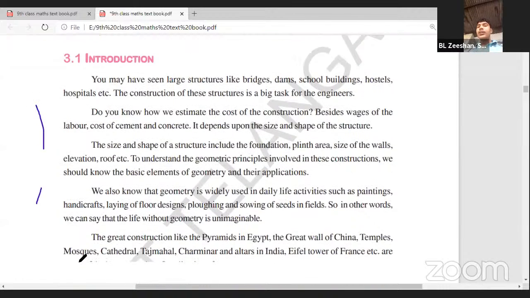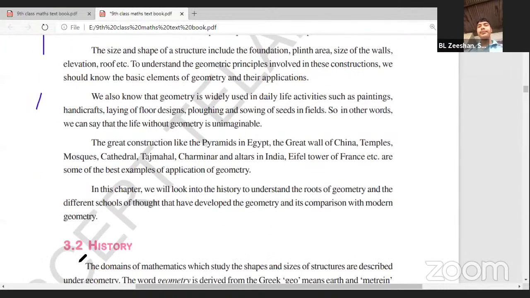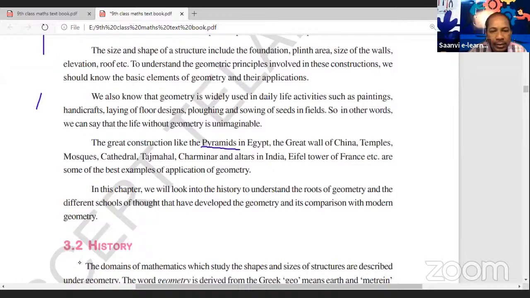Okay, children. See the great constructions, for example the pyramids in Egypt, the Great Wall of China, temples, masjids, Taj Mahal, Charminar, and others in India, the Eiffel Tower of France, etc., are some of the best examples of application of geometry.